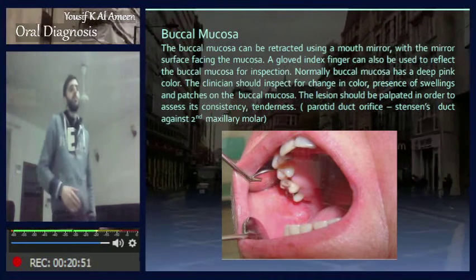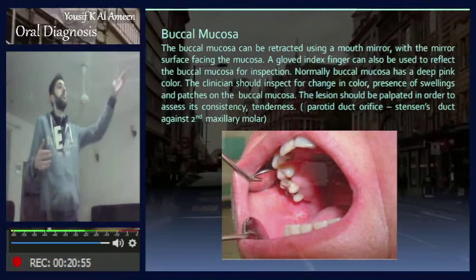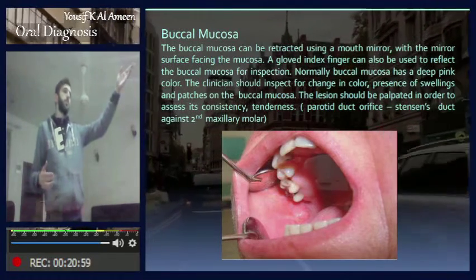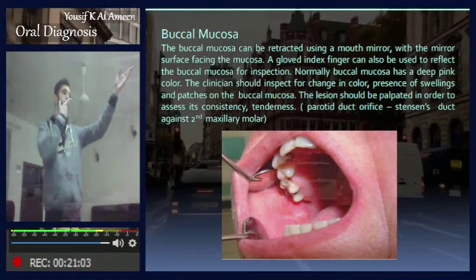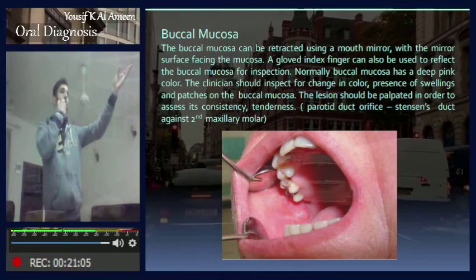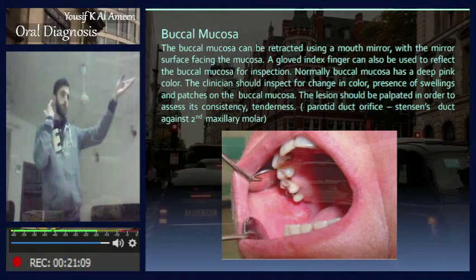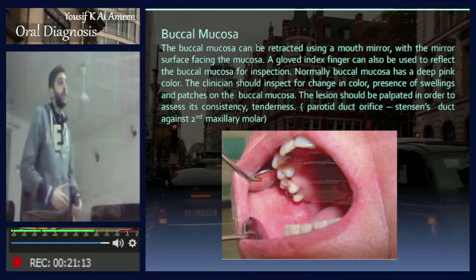The buccal mucosa can be retracted using a mouth mirror, with the mirror surface facing the mucosa. A gloved index finger can also be used to reflect the buccal mucosa for inspection. Normally, buccal mucosa has a deep pink color.